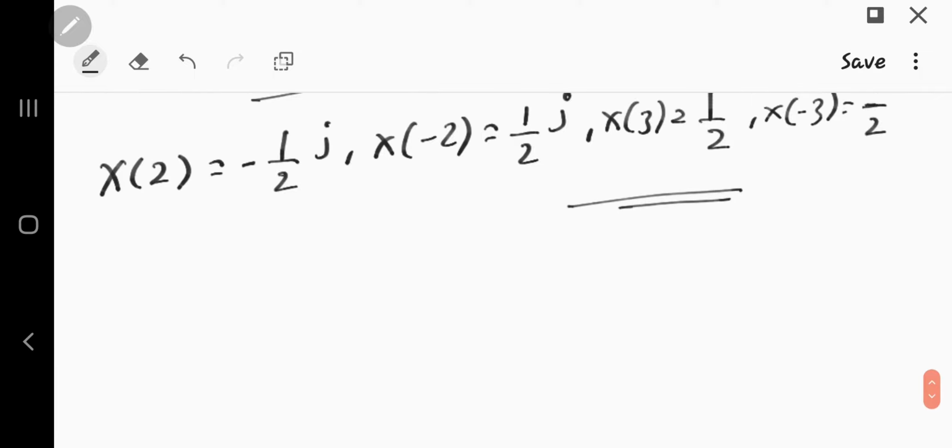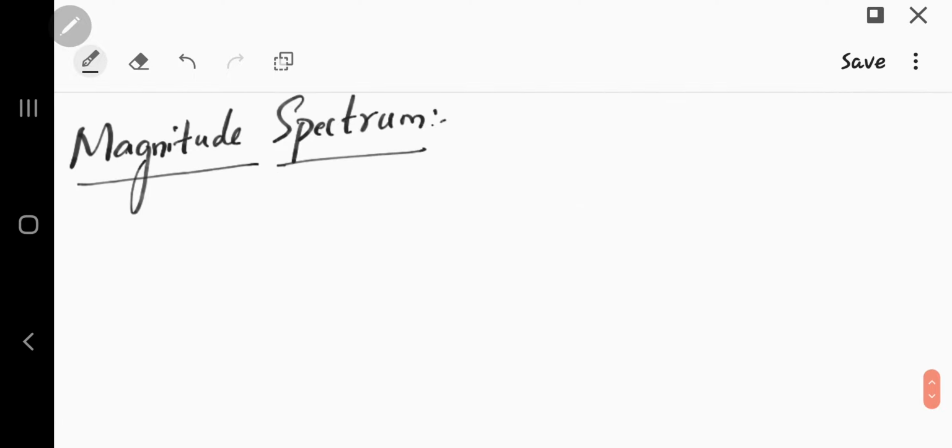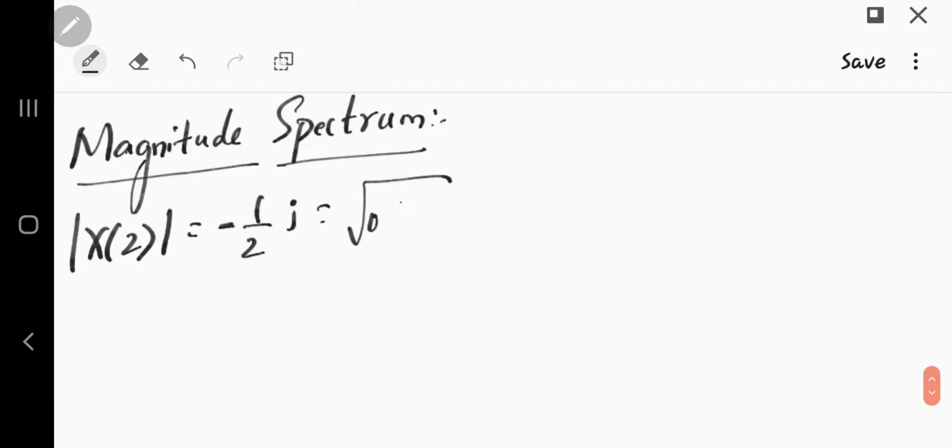Now let's go for the magnitude spectrum for this signal. For x of 2 we have minus 1 by 2 into j, so that will be square root of 0 plus 1 by 2 square, which is 1 by 2.